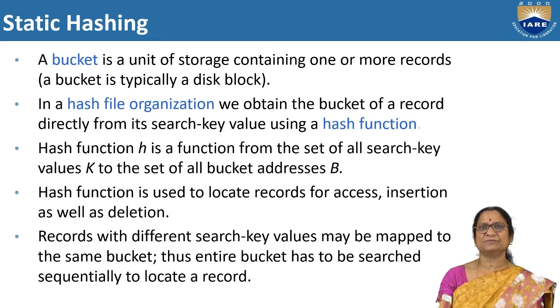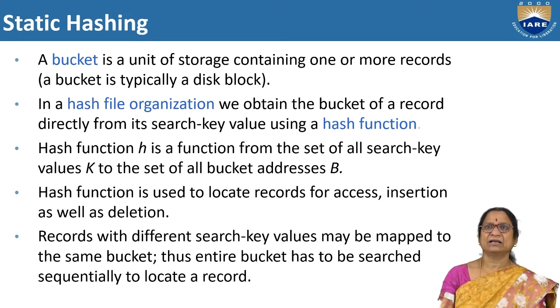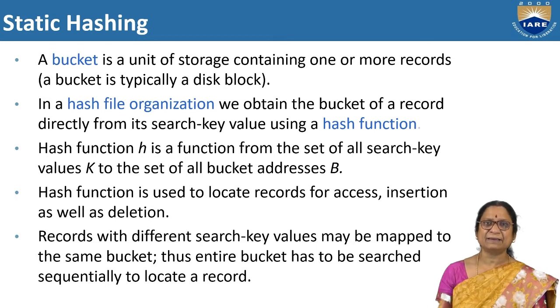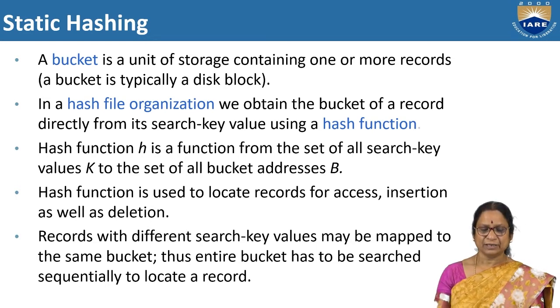A bucket is a unit of storage containing one or more records, just like a block of memory, right? In hash file organization, the bucket of a record is obtained directly from its search key value using a hash function, a mapping function actually.